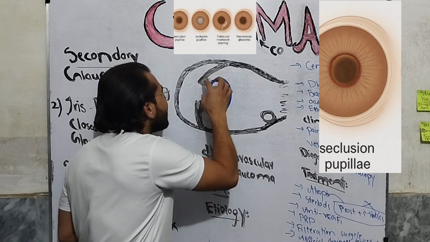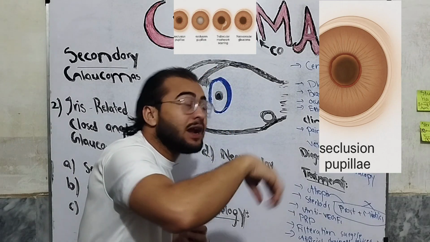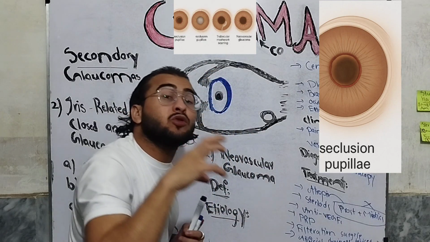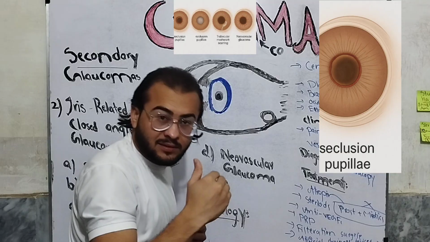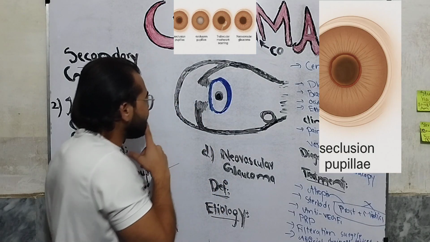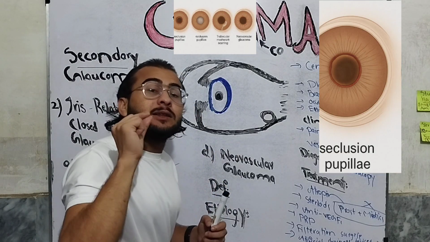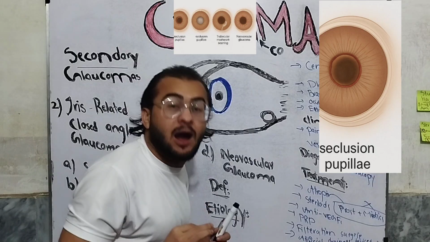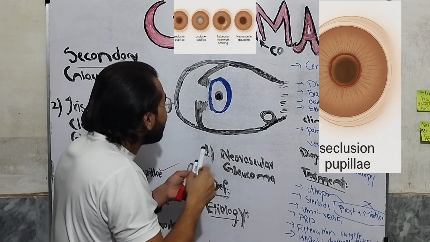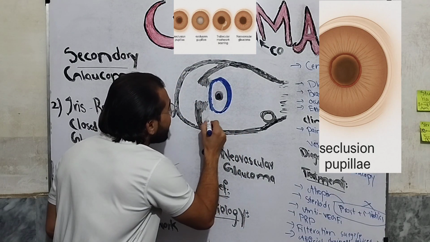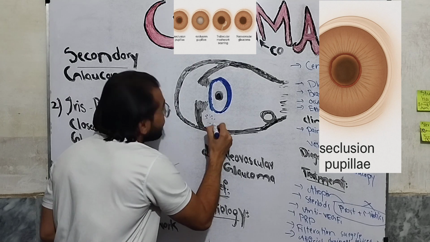Seclusion pupillae is the 360 degree attachment of the iris to the underlying lens. So what will happen? It will cause the pupillary outlet to be blocked, and the aqueous humor will accumulate in the posterior chamber.